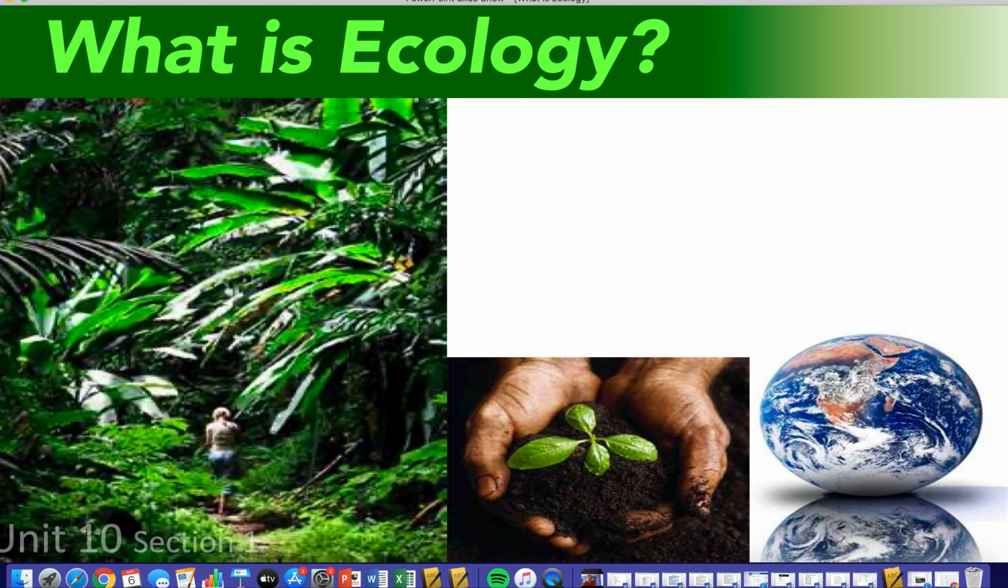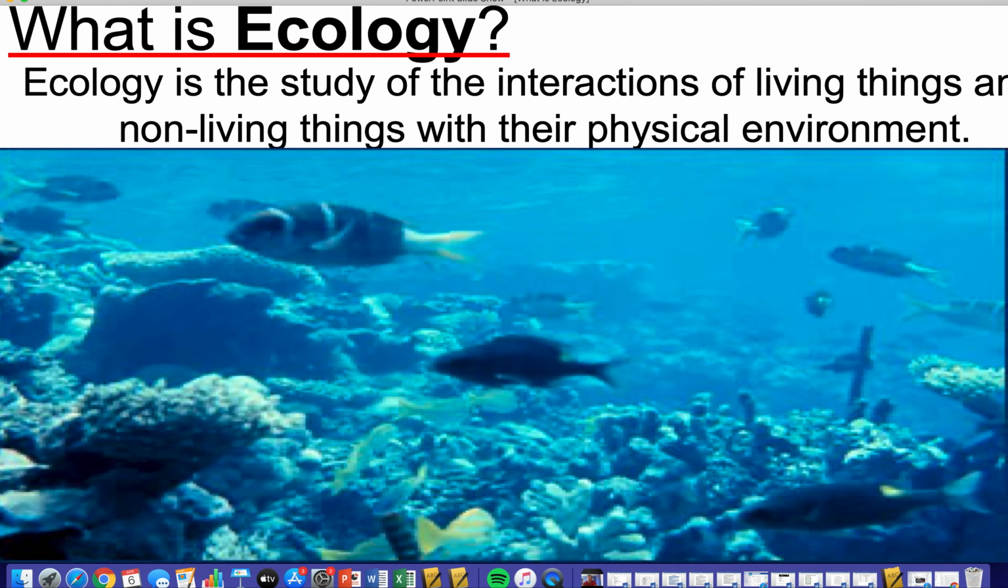All right, so when we talk about this unit in ecology, obviously we need to figure out what ecology means. When we're talking about ecology, we're talking about the study of the interactions of living things, and not only those living things, but also the non-living things that are in a physical environment. If you look at this picture, you can tell me what the living things are.